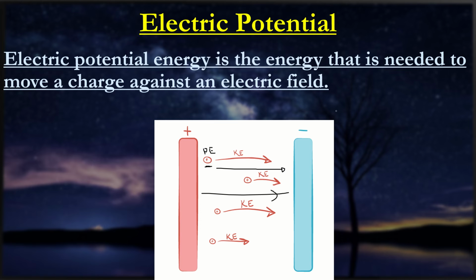So how much energy can this positive charge store up if I move it closer to this positive plate here, to when I release it, that it will be repelled by this positive charge and it will be moving towards this side of the field.